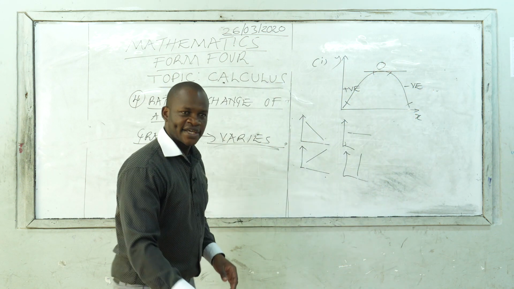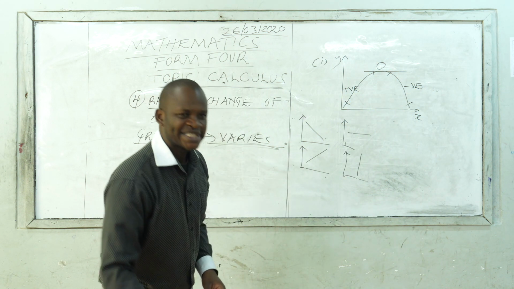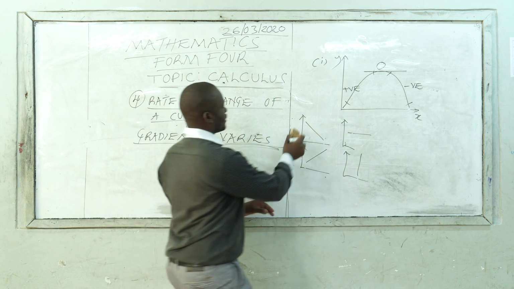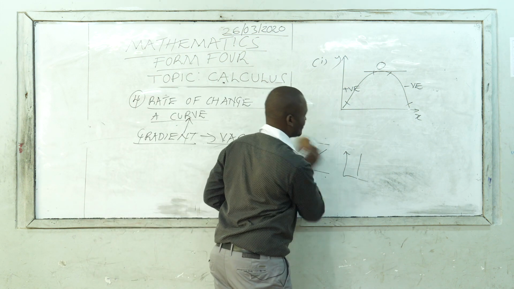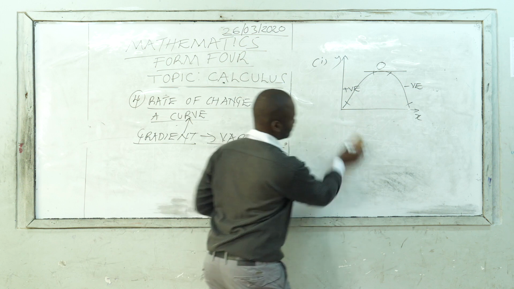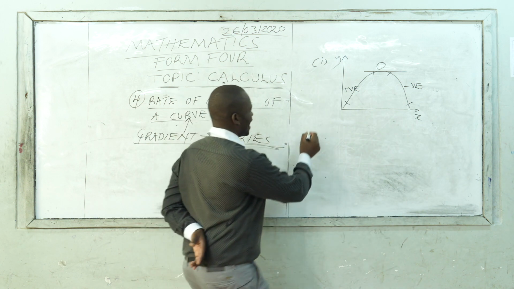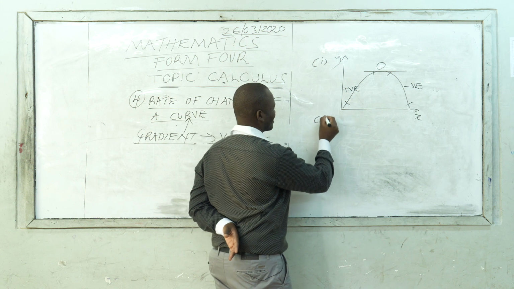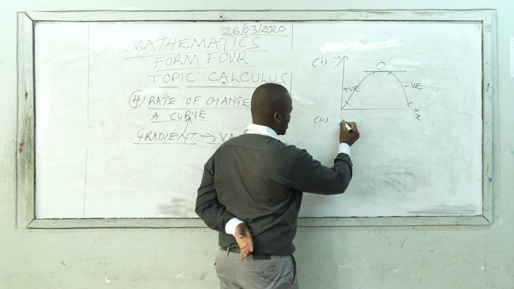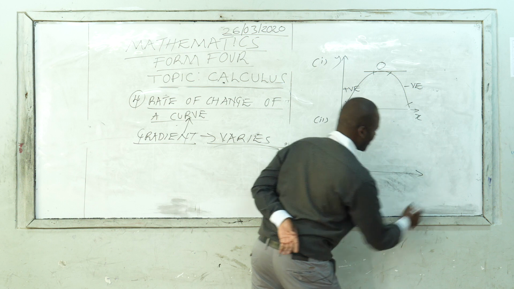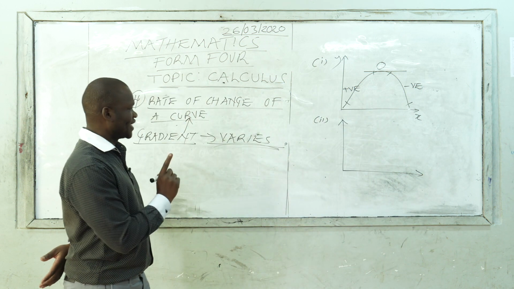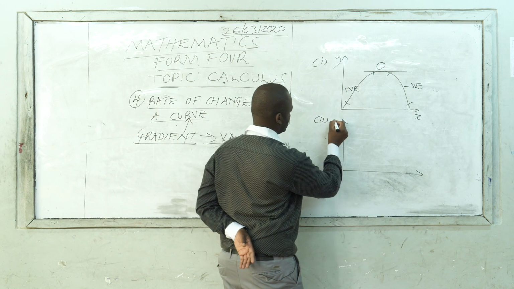That's the first variation in terms of the gradient of a curve. Now, we go to the second variation, just insisting on the fact that a line has a constant gradient, but a curve will have a gradient which varies from point to point.